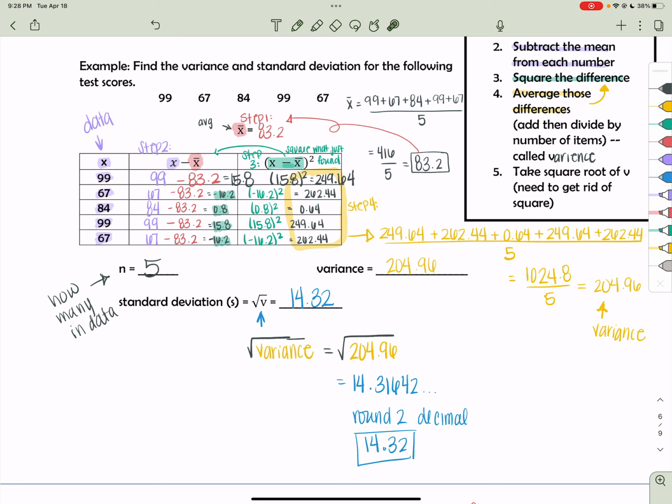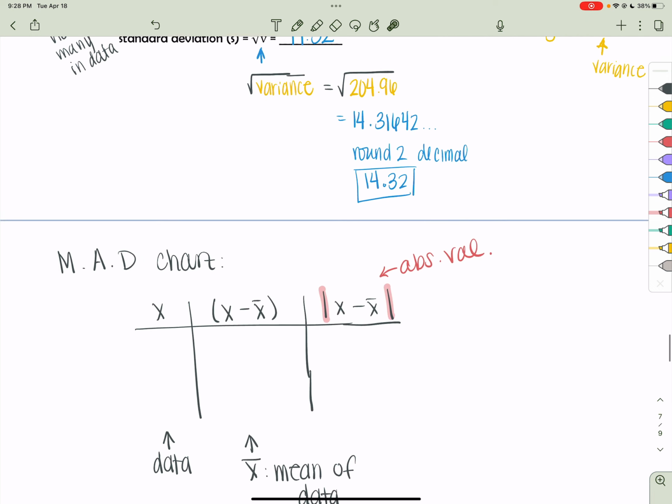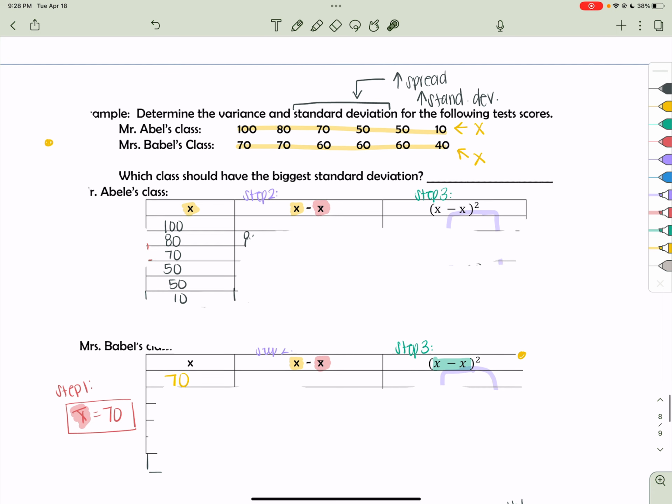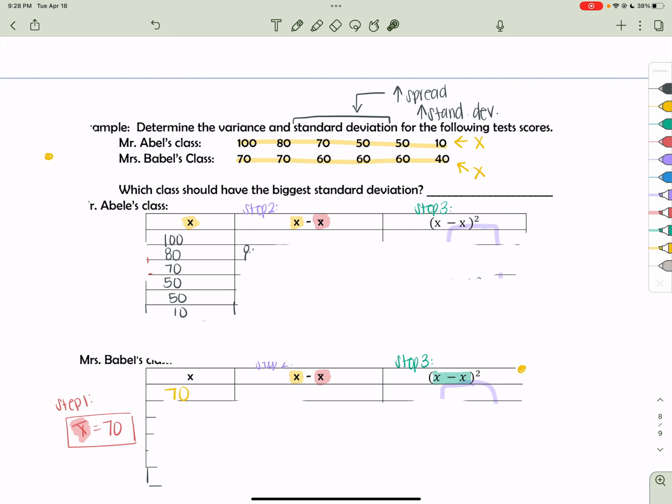So with that, let's compare two charts, two classes, to see which one has a higher variance. All right, so I've got two different classes. Determine the variance and standard deviation for the following, and then it asks me the question, which class should have the largest standard deviation? Well, as I'm looking at these, Mr. Abel's class, his grades are 100, 80, 70, 50, 50, 10.